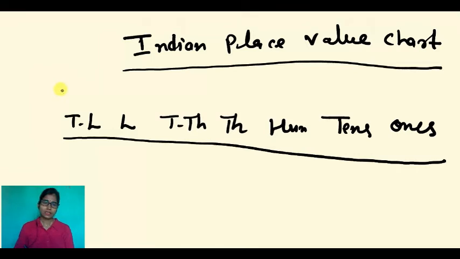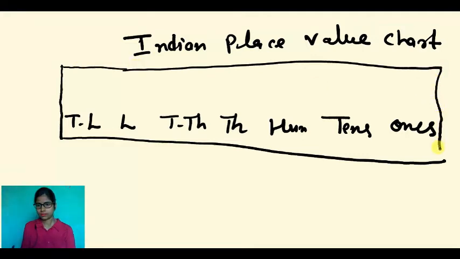In your syllabus, you have to study only till here, meaning 7 digit or 6 digit numbers. Okay, these are the places of the number: ones place, tens place, 100 place, 1000 place, 10,000 place, lakh place and 10 lakh place.